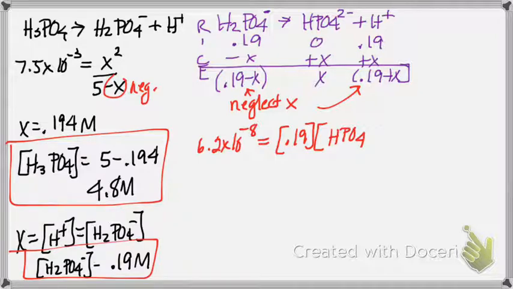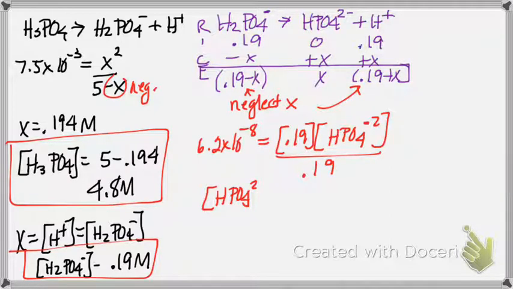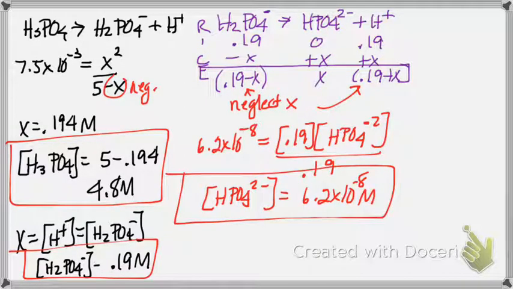We could put x in there, but we're just going to leave it, over 0.19. So when we do that math, we get the concentration of HPO4 2 minus is equal to 6.2 times 10 to the negative 8. I changed colors, but there's our third concentration we need.